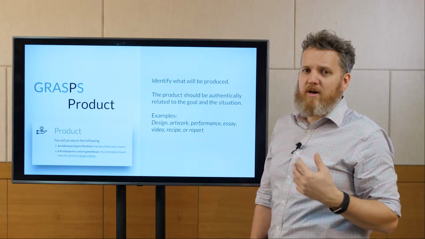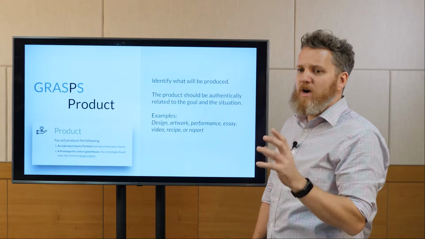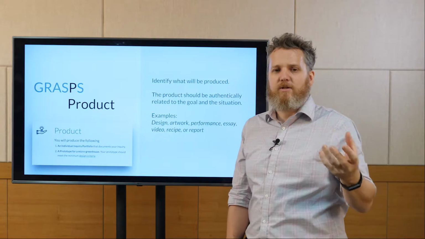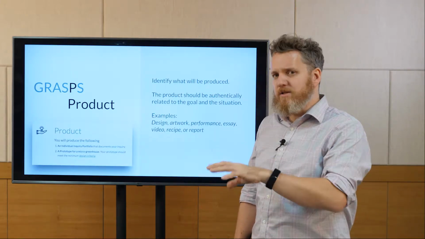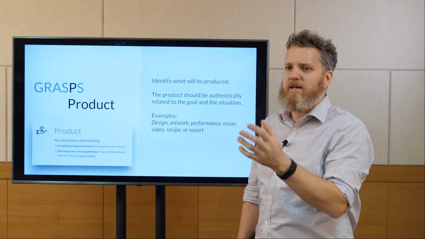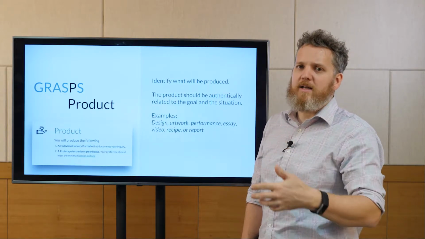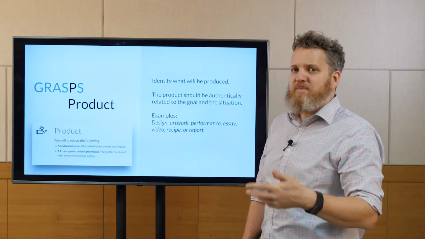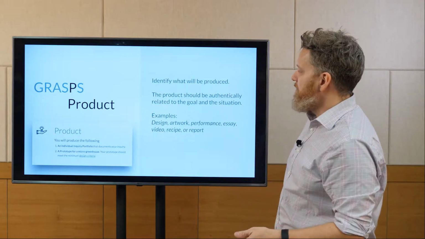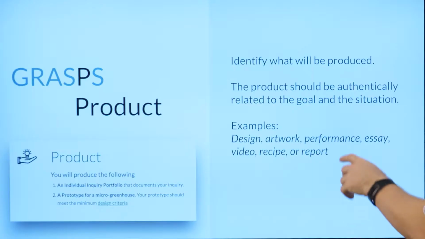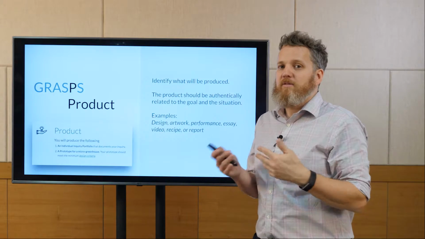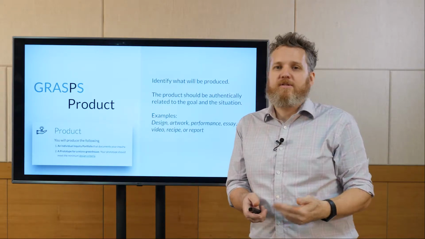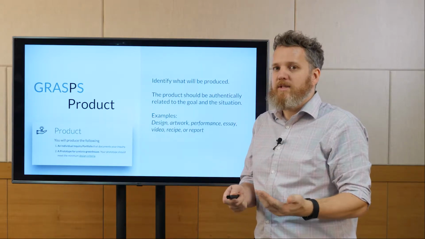So in the case of our course in design, our products tend to fall into either physical products, design solutions, or digital products, so things that are related to coding or robotics or online apps, things like that. But they don't always have to be that. It can be a performance, it can be an essay, it could be a recipe or a video. Whatever it is, it needs to be defined for the students so that they know what that's going to look like.